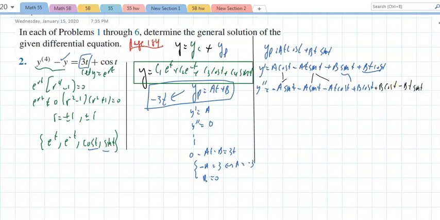I need 2 more derivatives to get to the fourth.